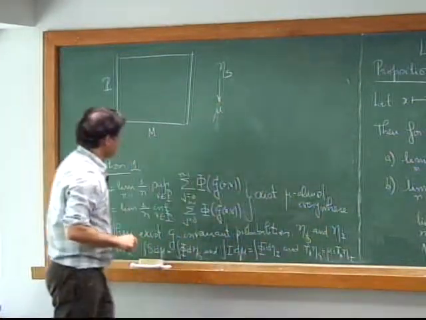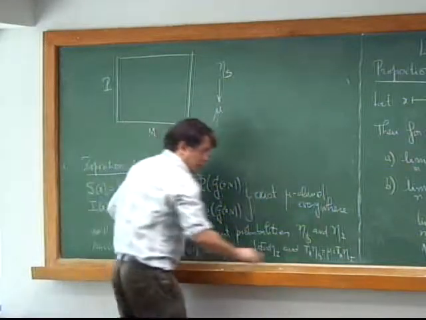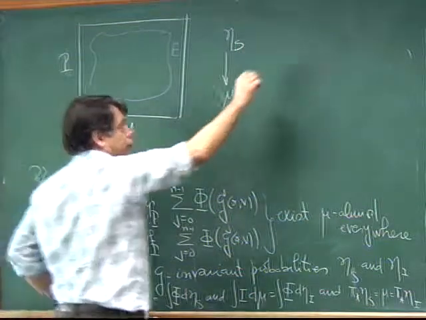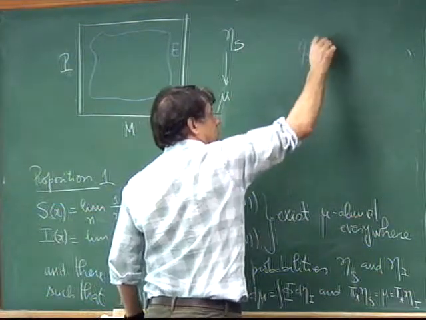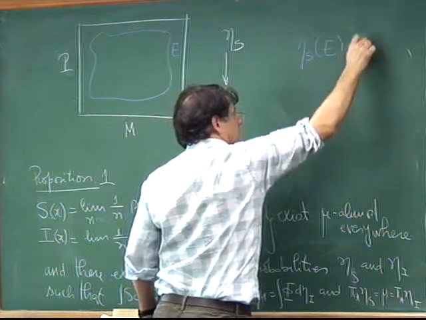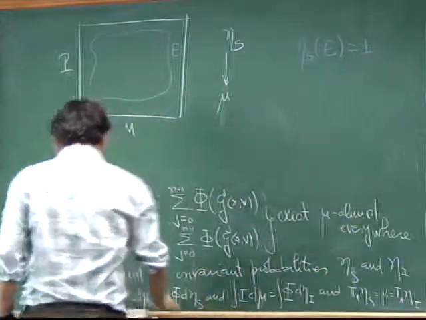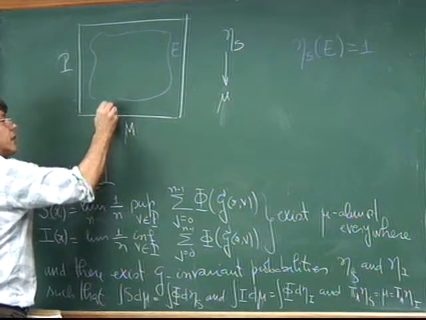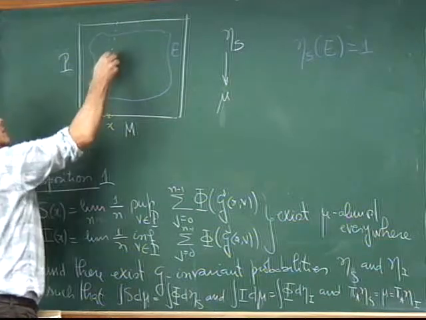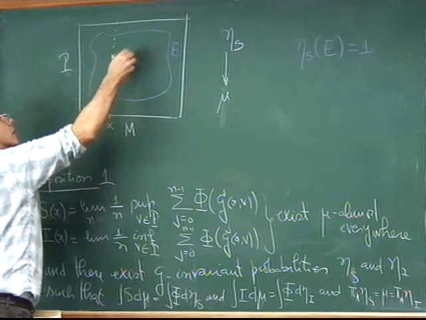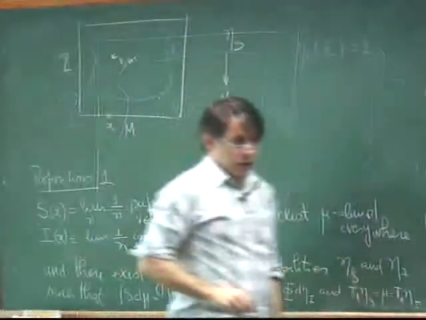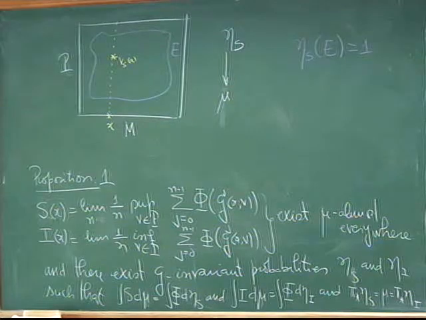And then I'm saying that if you have a set here, E, with full measure, then for almost every x, there is some point vs of x that is in the set E. A set that has full measure has to intersect almost every vertical.